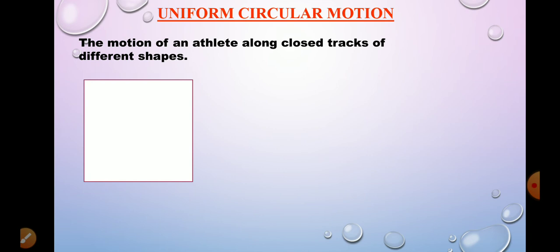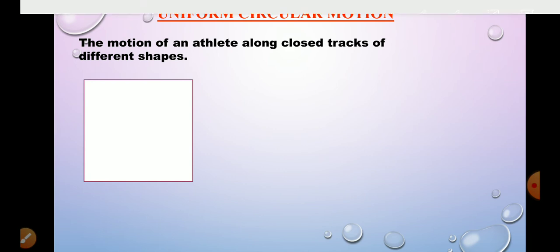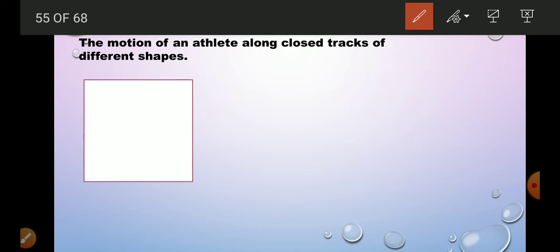I will consider the corners as A, B, C and D. The athlete is running over straight paths, that is AB, BC, CD and DA.